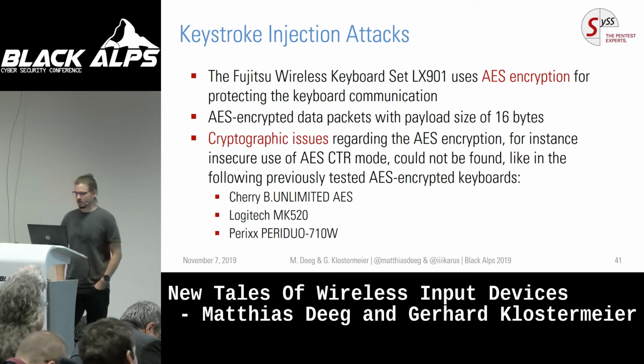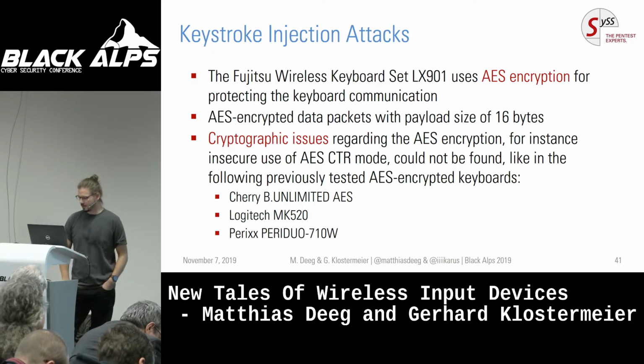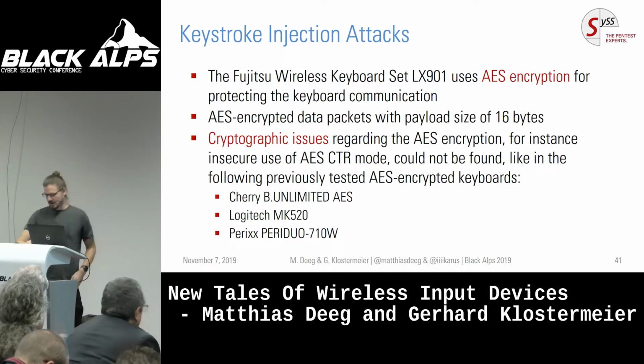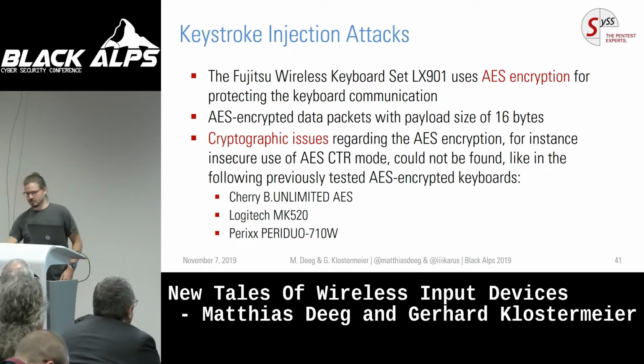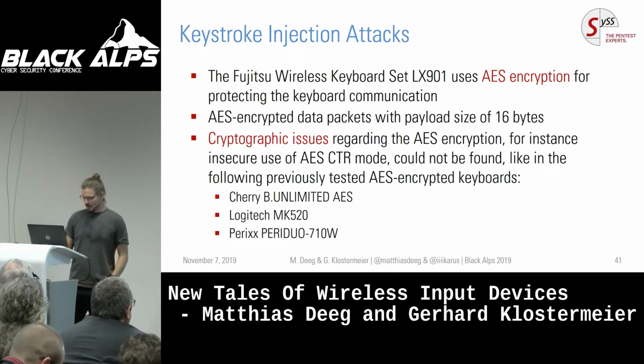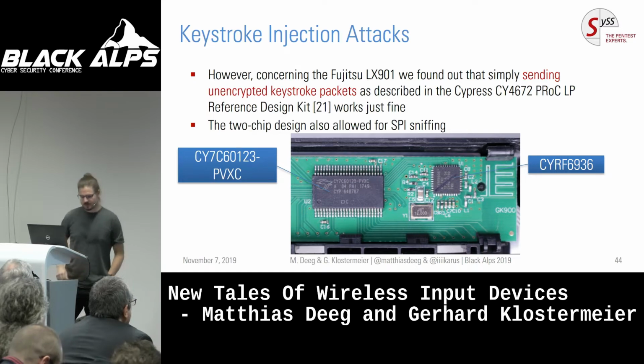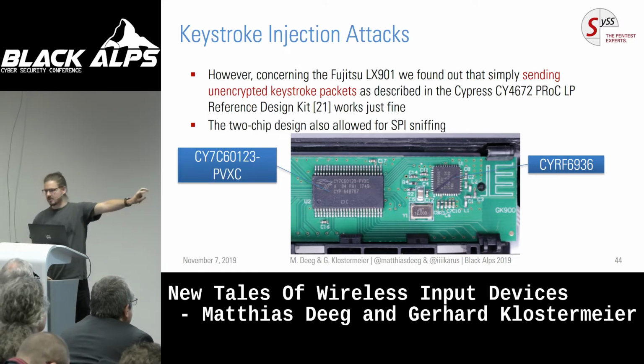But this did not work for the Fujitsu keyboard. There's a different chip on that keyboard, and the way it was programmed, it was just not vulnerable to this kind of attack. But as we have a closer look, this is the Fujitsu keyboard, as you can see there. It's a 2-chip setup as well.